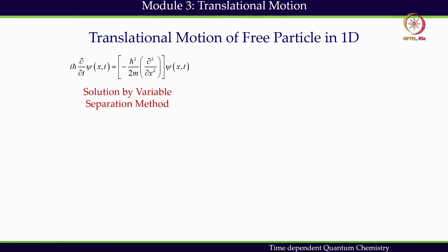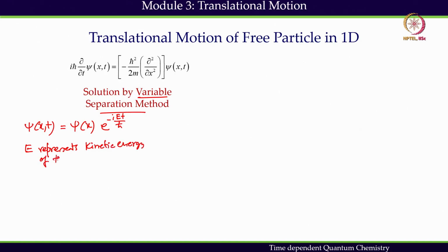So, I can use the variable separation method, and immediately I can write down the form of the solution like this: e to the power minus i E t by h bar, where E represents the kinetic energy of the free particle, and it can be anything.